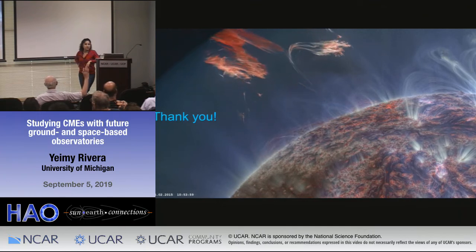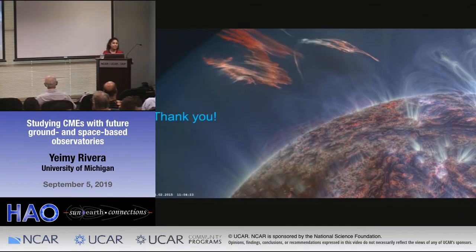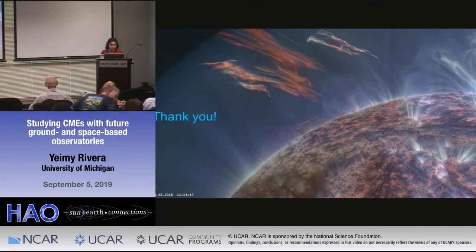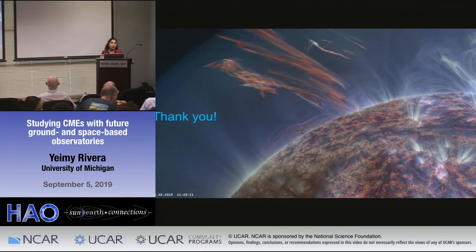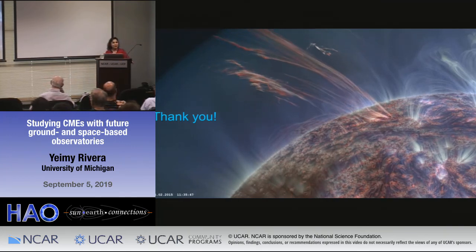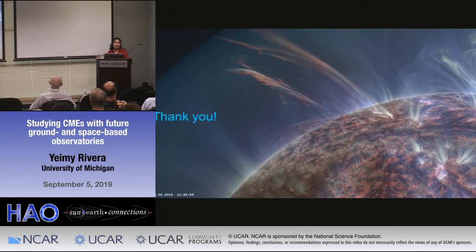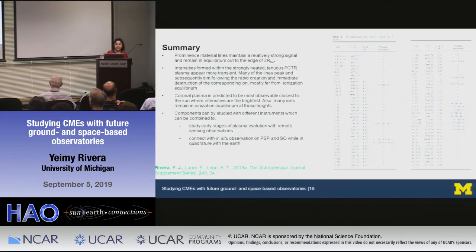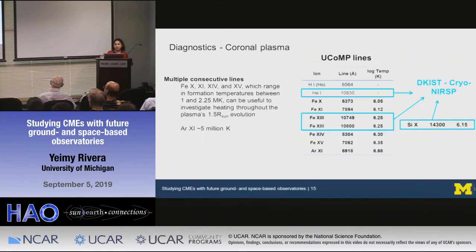Sarah: So, when UCOMP comes online, what would be the first thing that you would want to observe with it? Well, I'm here because I wanted to observe CMEs. And UCOMP is really useful in that sense because it has such a large temperature range of the different lines. After the study, what I'm going to use it for is essentially to look through the lines and see if we can figure out a sequence for a use case.